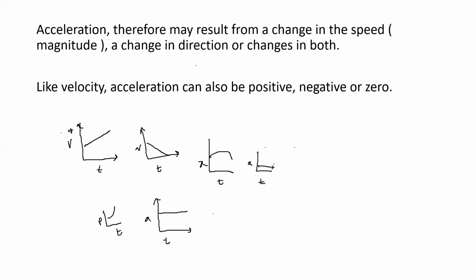So these are the different types of graphs for different objects. Not only for uniform acceleration and uniform negative acceleration, we have graphs for a body at rest, and a body in uniform motion, right?